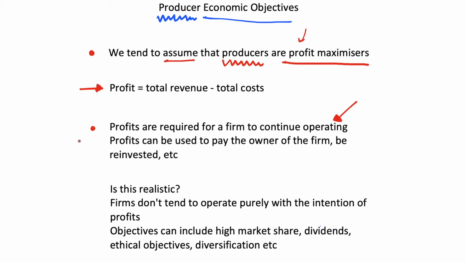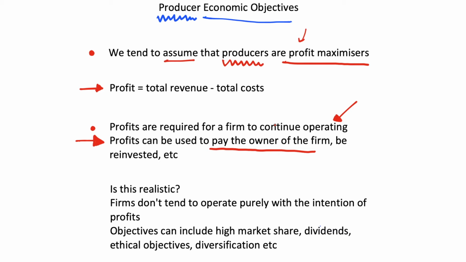But beyond that, we do care. Even though we have positive profits, businesses are going to tend to want to increase their profits wherever they can, because profits can be used to pay the owner of the firm. So a CEO can pay himself or herself money.